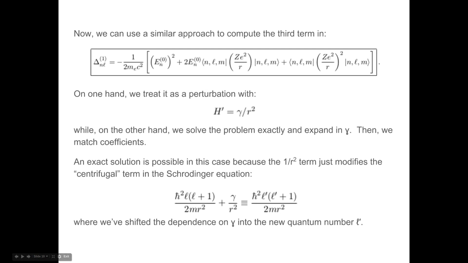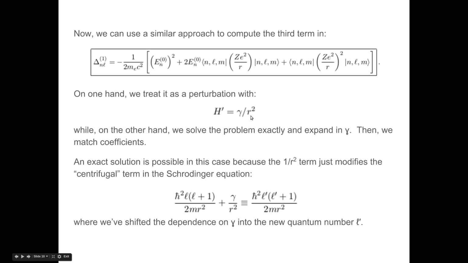So we can do the same thing for the Coulomb term squared, right? In this case, we have to introduce a fictitious perturbation that goes like gamma over r squared, okay? So again, we can apply perturbation theory to it because gamma here again is very small, right? Or we could solve it exactly.